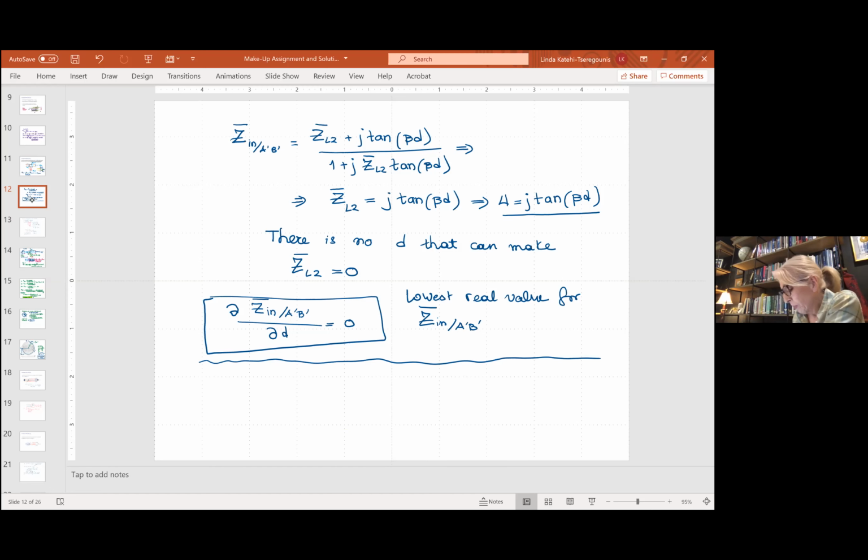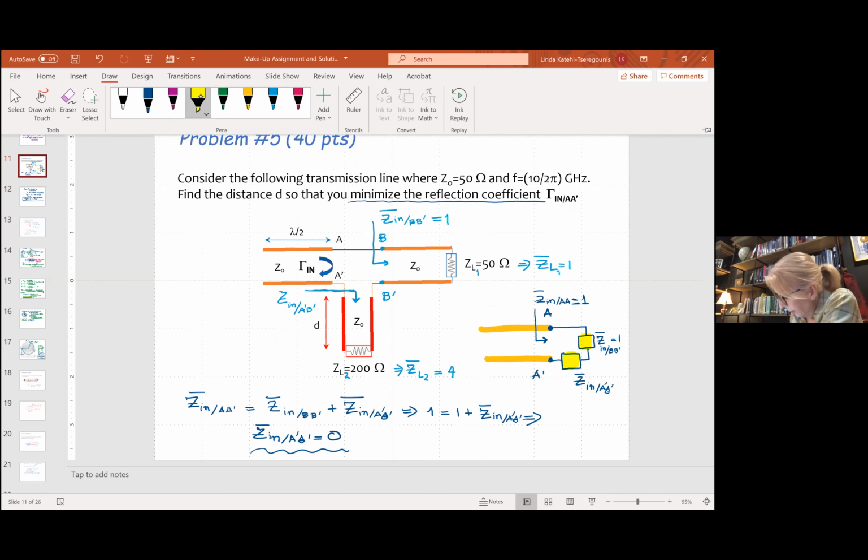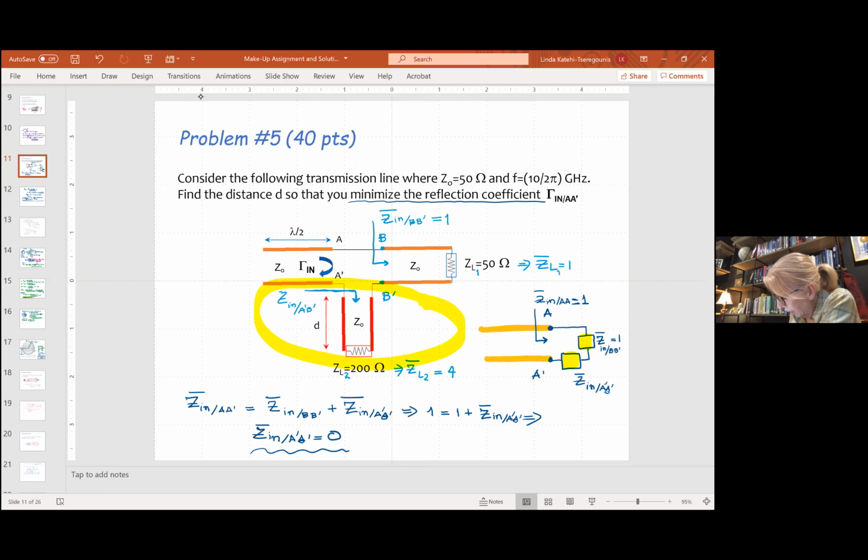You can see it on the Smith chart, but we will think here from what we know. Let me go back to our line here. In this line that I will highlight, the load at the end is 4. Now, that's a real value, and the input impedance is the load.